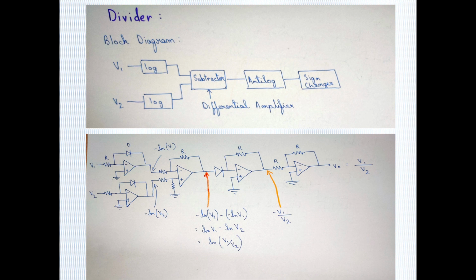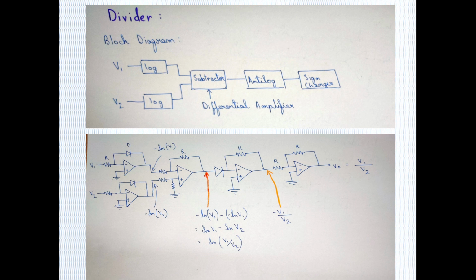So here the subtraction equation is given: minus log V2 minus minus log V1, and we get log V1 minus log V2. We know that log A minus log B is log A by B, so log V1 minus log V2 gives us log V1 by V2.